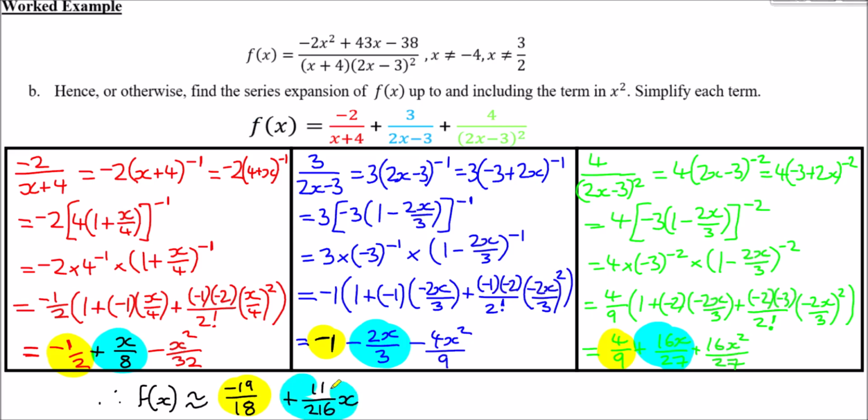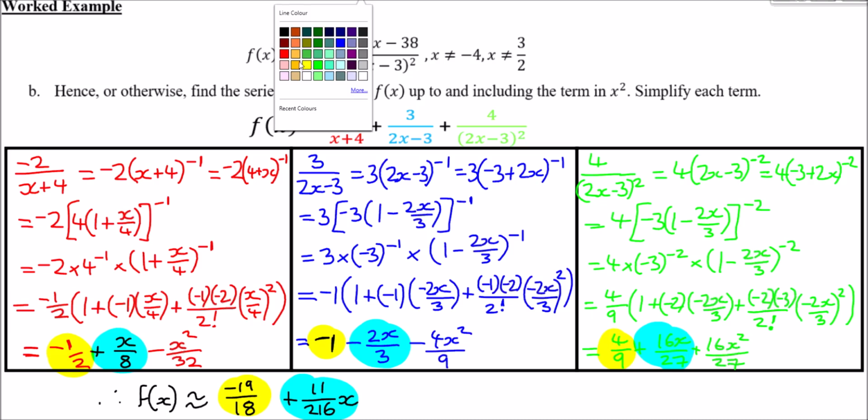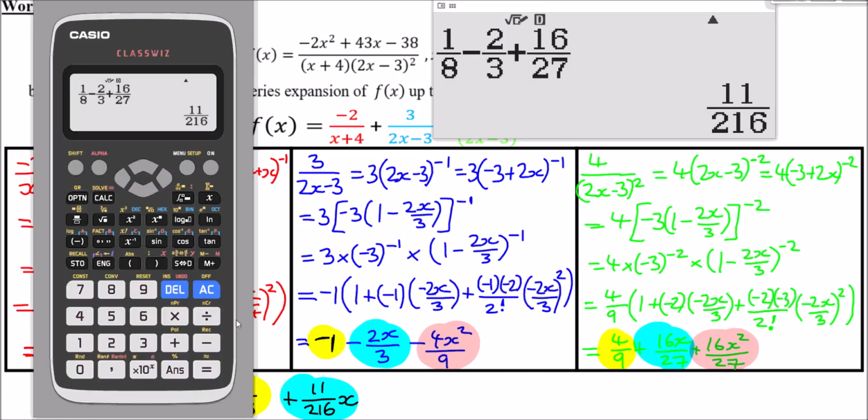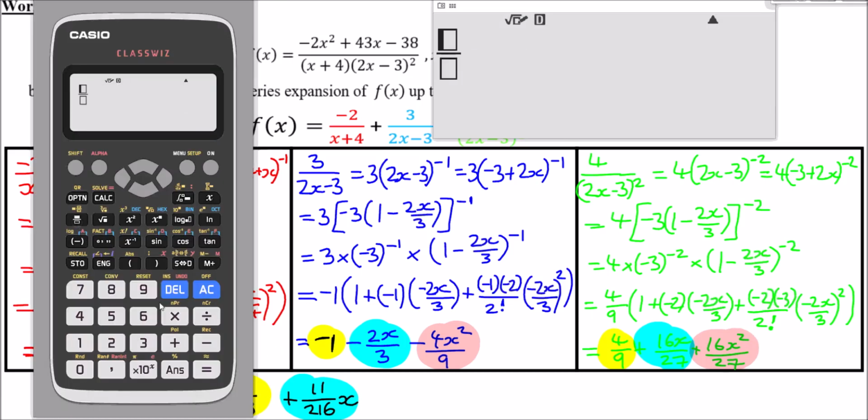And finally, the terms involving x squared. So involving x squared, we've got minus 1/32 minus 4/9 plus 16 over 27. So combine all these into one. So behind the calculator was minus 1 over 32.